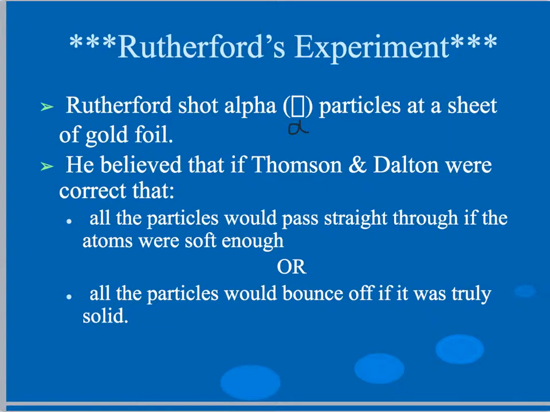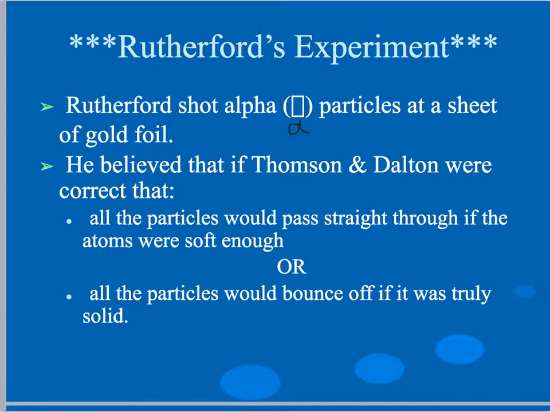And what Rutherford imagined would happen is that if Thomson and Dalton were correct, then atoms were made of this sort of solid stuff. So either all of the particles would pass straight through the atom, so if it was sort of a soft stuff, they would pass straight through, or if the atom was really solid, like a marble, you can imagine, then all of the alpha particles would go into the gold foil and hit an atom and bounce straight back.